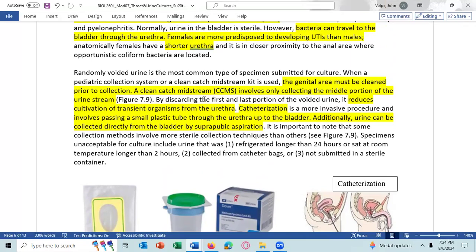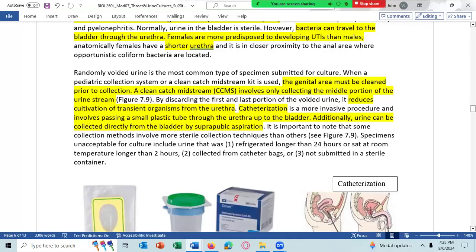This reduces the transient organisms obtained from the urethra, meaning the urethra does have microbes on it. They'll still be there, but they'll be reduced.